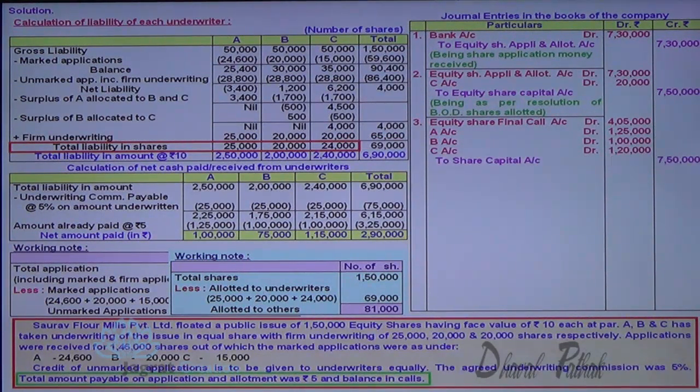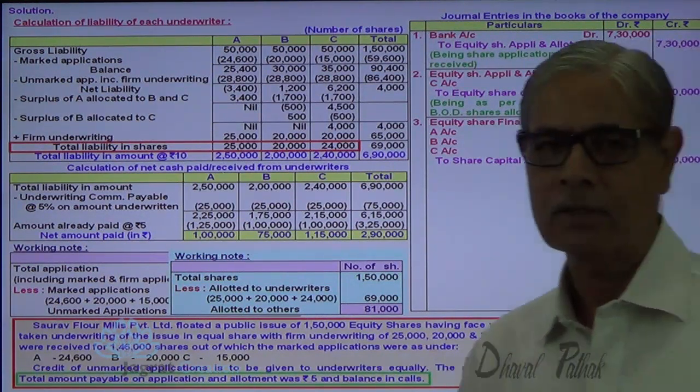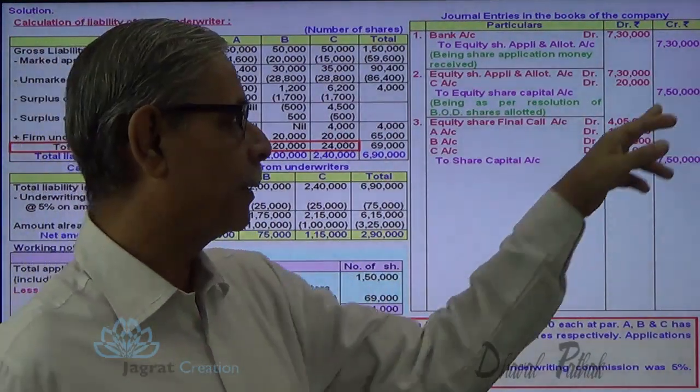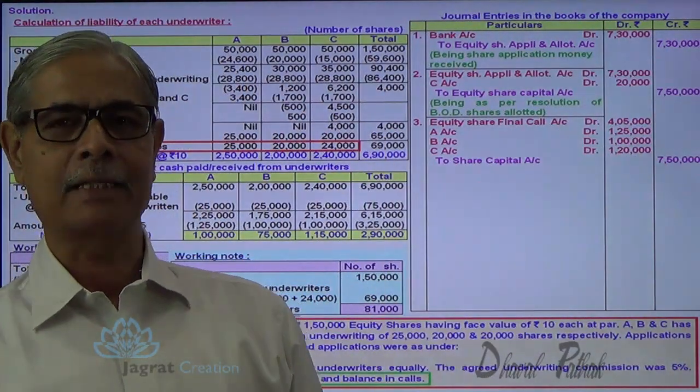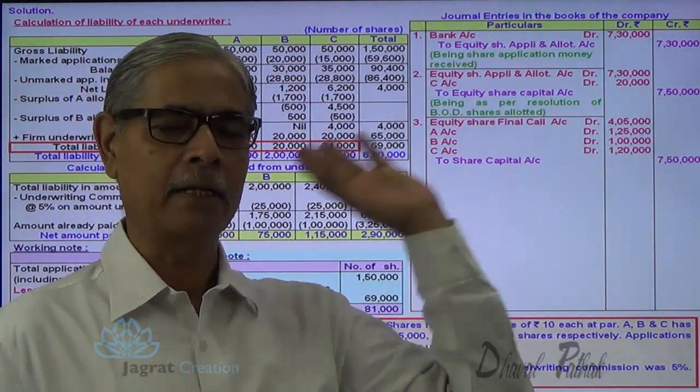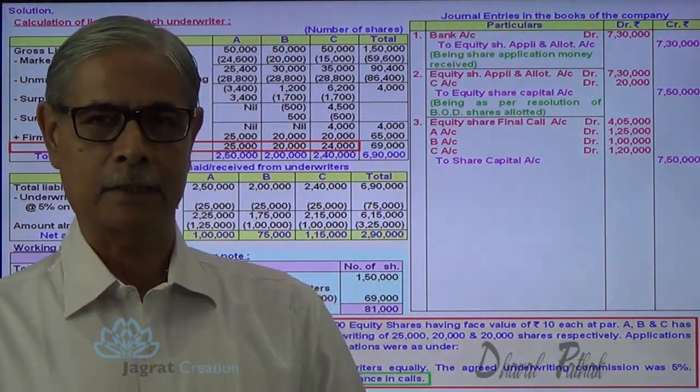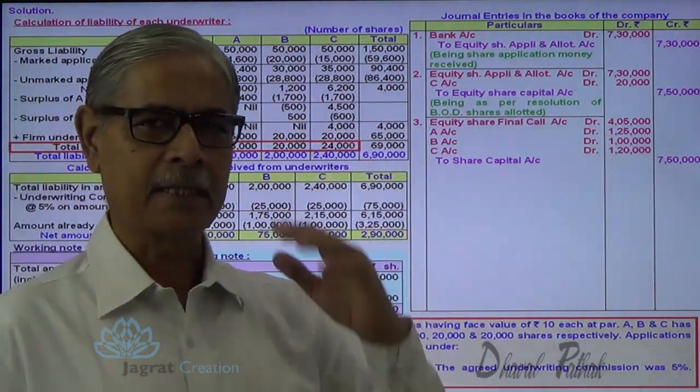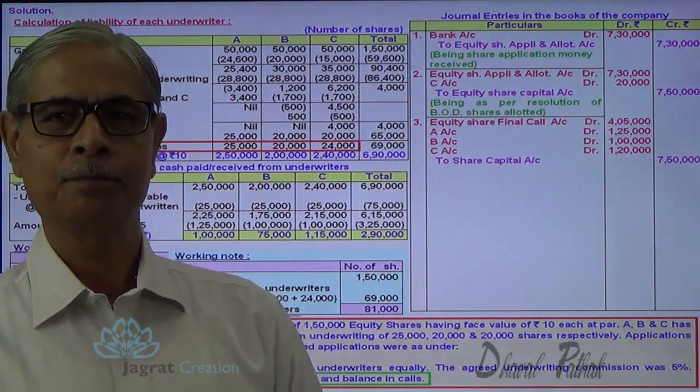To equity share capital account credit 7,50,000. So equity share capital account is credited with 7,50,000 and 7,50,000, so total equity share capital account is credited with 15 lakhs. This is the amount credited at the time of final call, and this is the amount credited at the time of allotment of the shares. This is how the demand is made for final call.